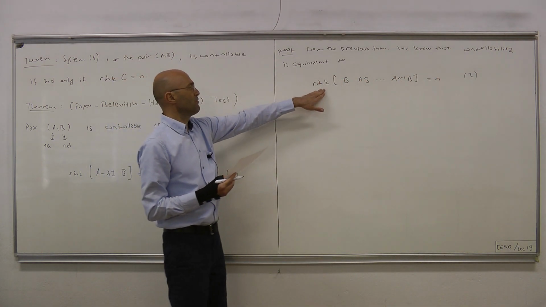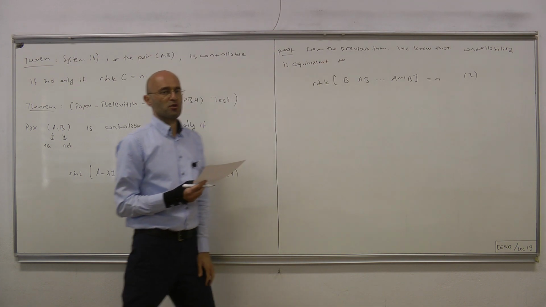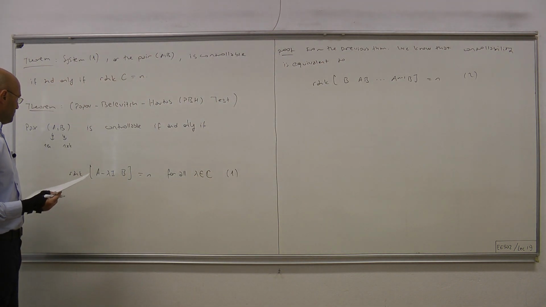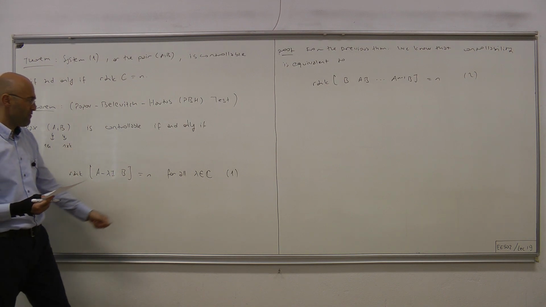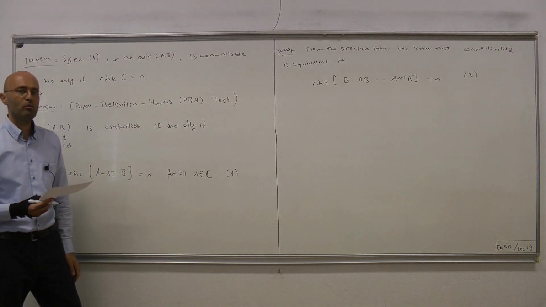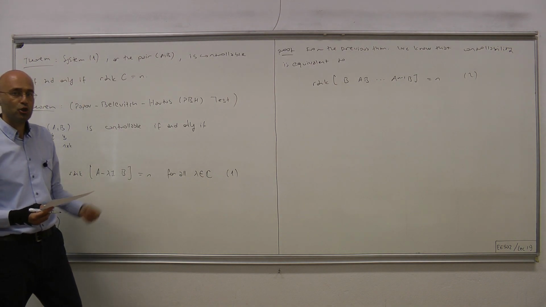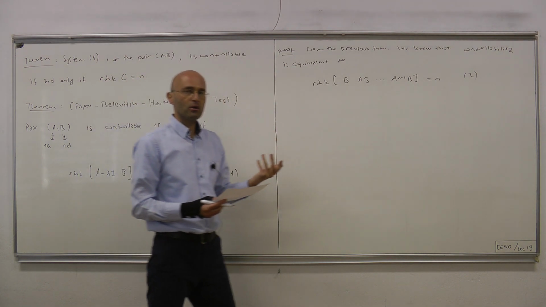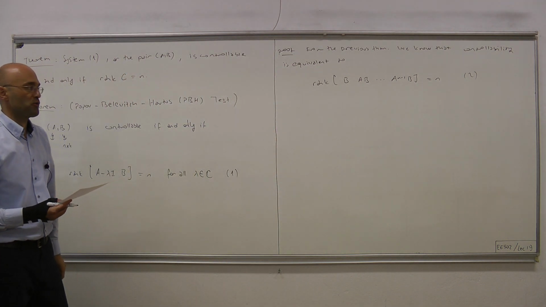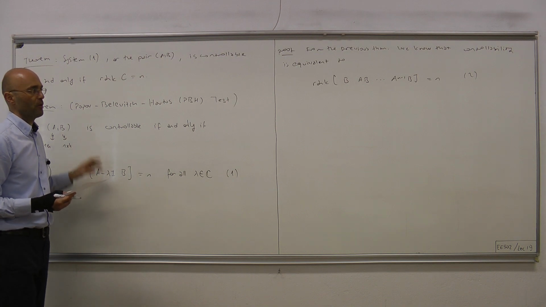If this holds, then the system is controllable. And the theorem claims that if 1 holds, then the system is controllable. Therefore, if we show that condition 1 and condition 2 are equivalent, then we will have demonstrated the claim of the theorem.